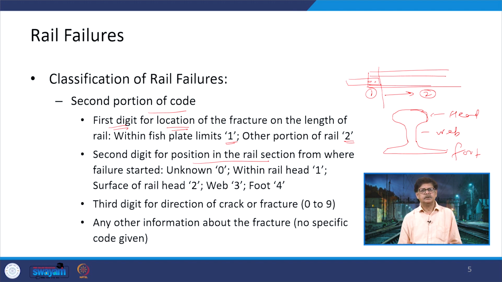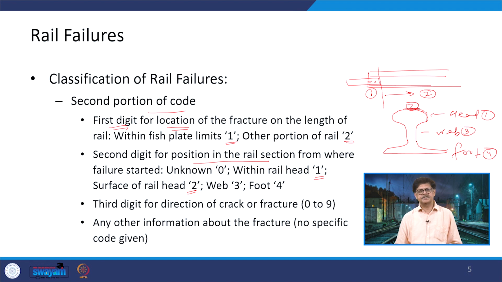What it says is, if it is within the rail head, it is 1. If it is on the surface of the rail head, then it is 2, that means here. Then if it is in the web, 3, and if it is in the foot, 4. So, that is the coding being used here.